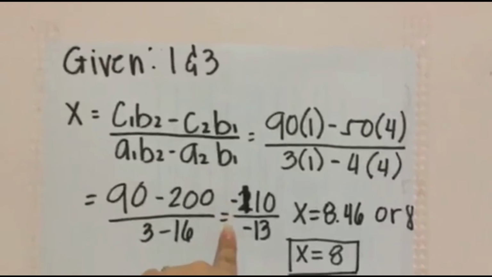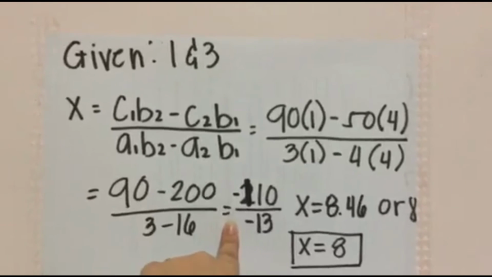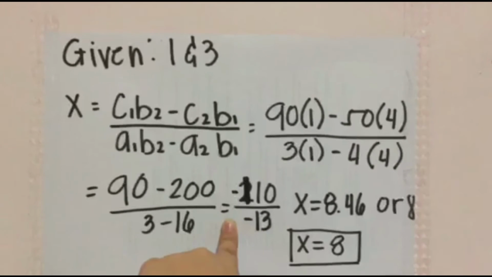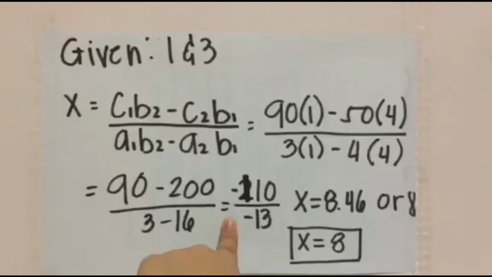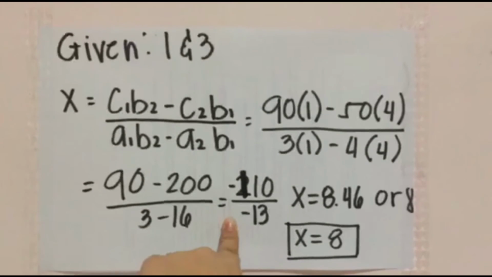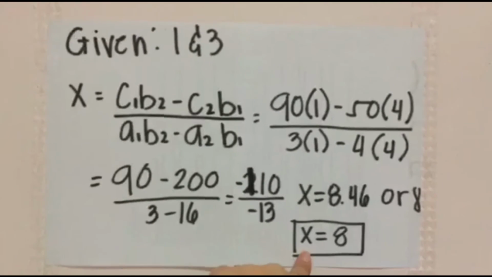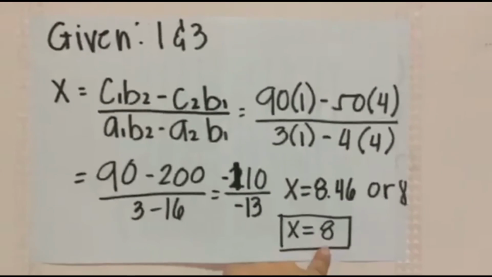Negative 110 divided by negative 13 equals 8.46, or 8. The answer for x is 8.